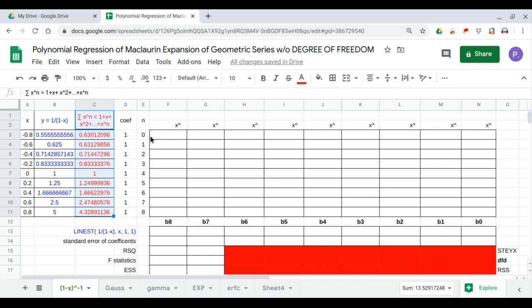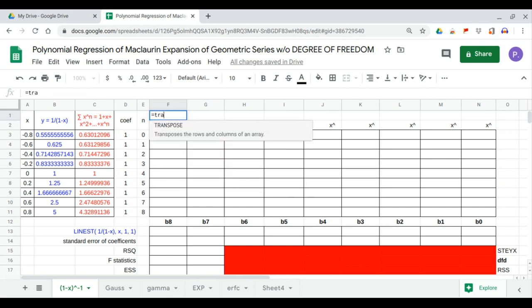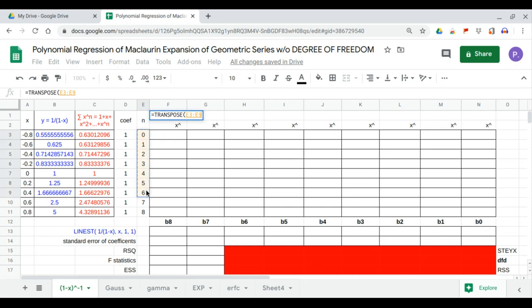So our x will be raised to the power, we will have a column for x to the 0, x to the 1, x squared, x cubed, and so on. So we will copy the powers, which will be the transpose of the n values up to 8. So we have x to the 0.